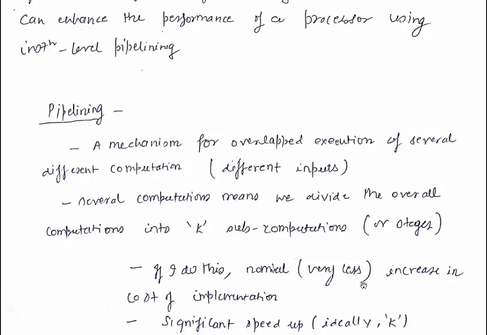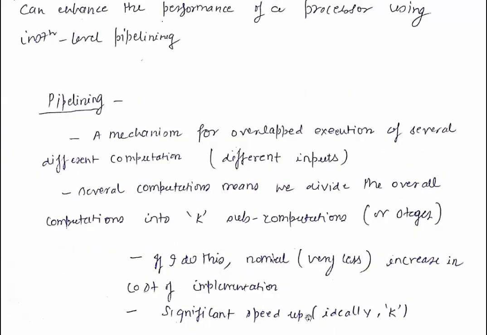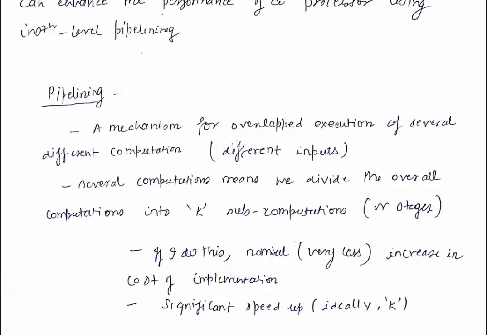So the only cost here is how you are going to divide your overall task into multiple subtasks. That is the extra cost here. Other than that, there is no extra cost, and by doing it we are almost getting a speedup of k. Ideally it would be k, and if it is not k, it would be much higher, a much more significant speedup. So to get a significant speedup, we have to have the pipelining concept in our instruction execution.